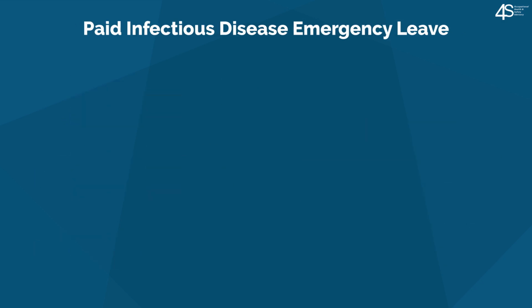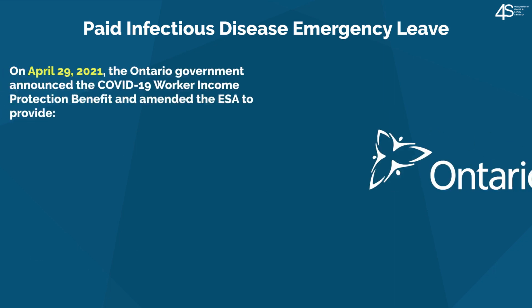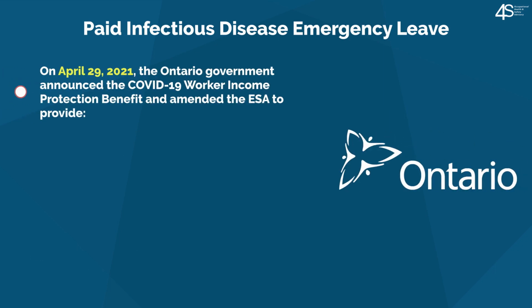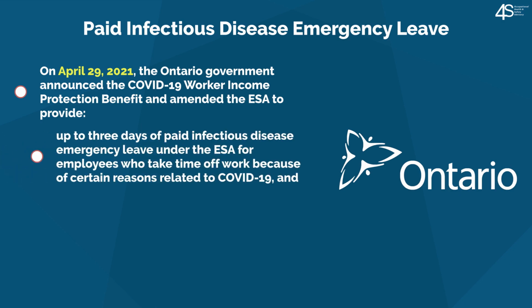Paid infectious disease emergency leave. On April 29, 2021, the Ontario government announced the COVID-19 Worker Income Protection Benefit and amended the ESA to provide up to 3 days of paid infectious disease emergency leave under the ESA for employees who take time off work because of certain reasons related to COVID-19, and an employer reimbursement program.